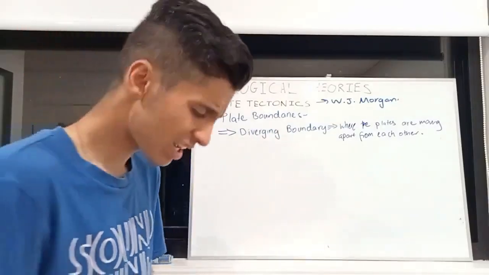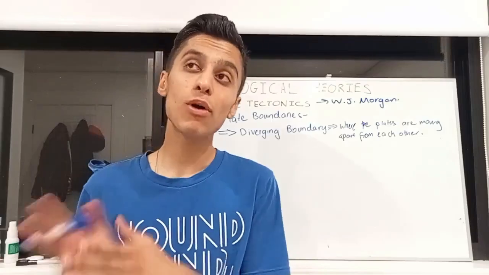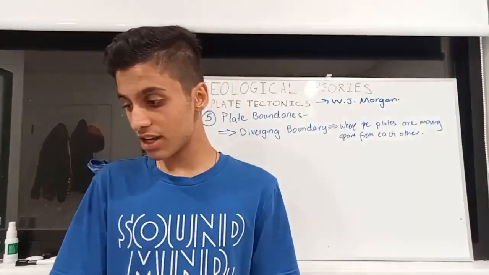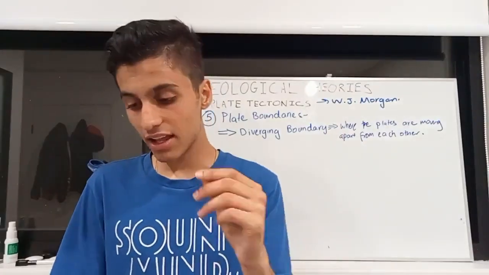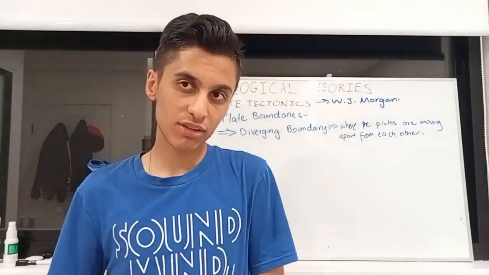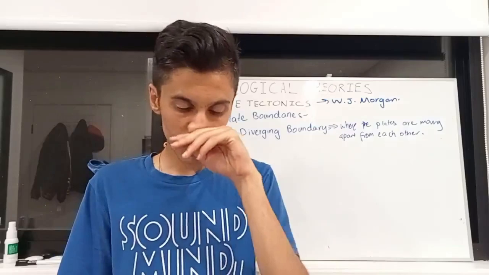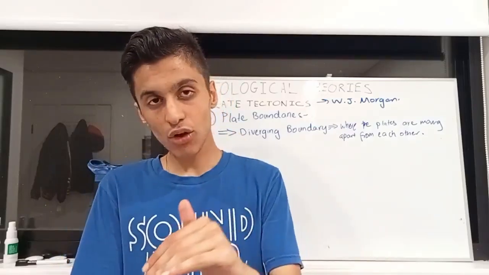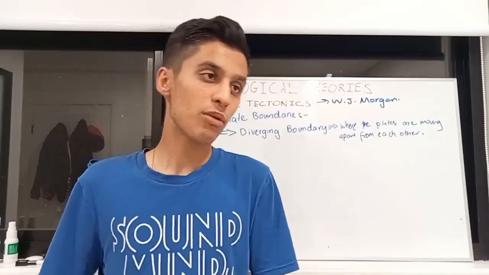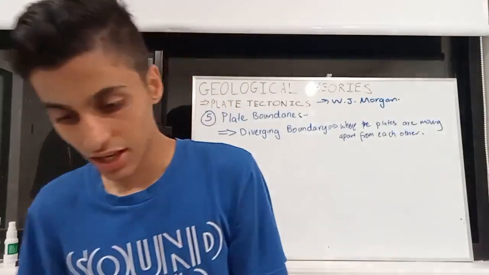So diverging plate boundaries, you will most likely only notice them at mid-oceanic ridges, because seafloor spreading was so well established, and when they put those two theories together, they realized there's really no other place where you'd find a diverging plate boundary apart from mid-oceanic ridges.